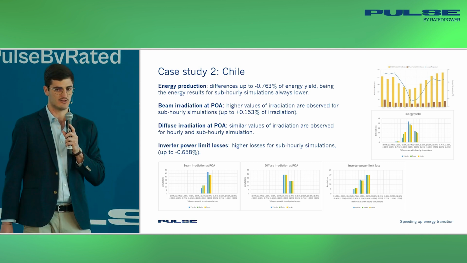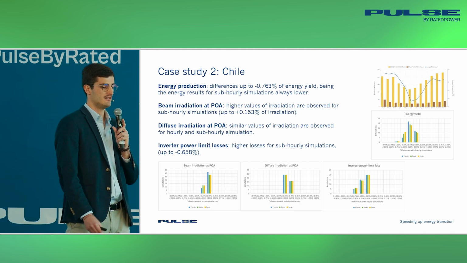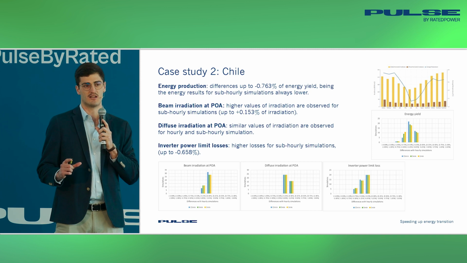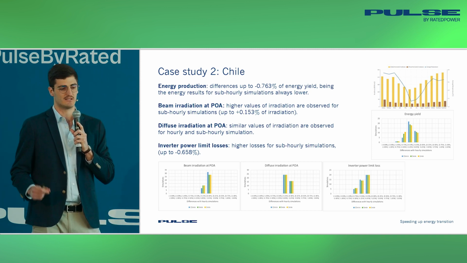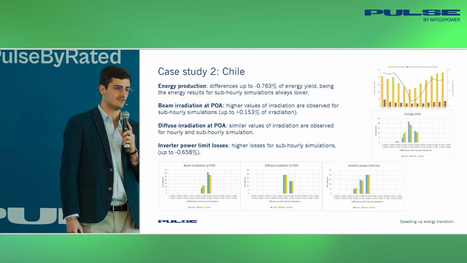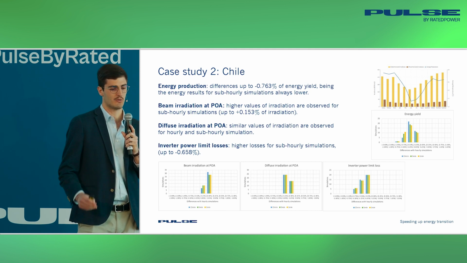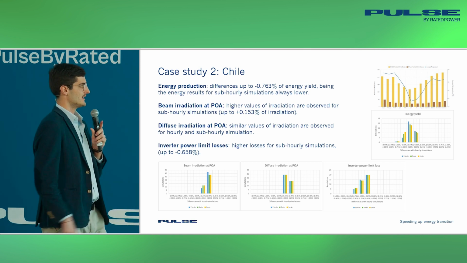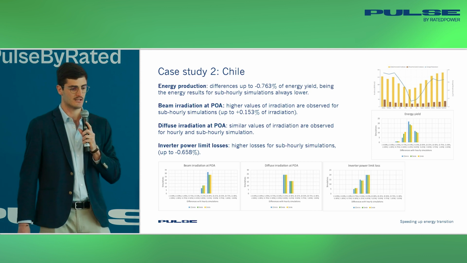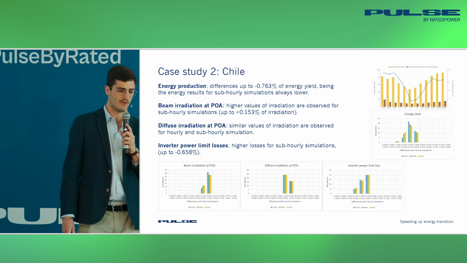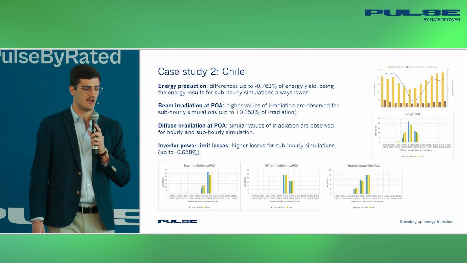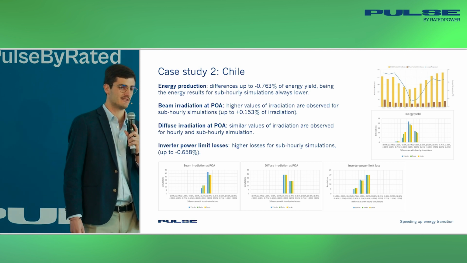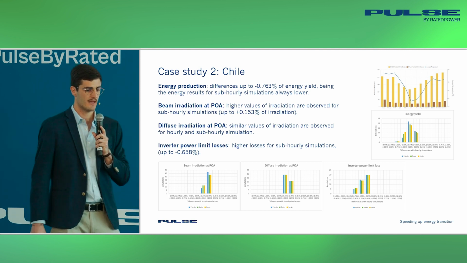For the second location, which was in Chile, even if it is an arid country in which the presence of clouds and rains will be lower than for Costa Rica, we still observed that the inverter power limit losses were always higher for sub-hourly simulations, getting values up to minus 0.6% in terms of energy production.